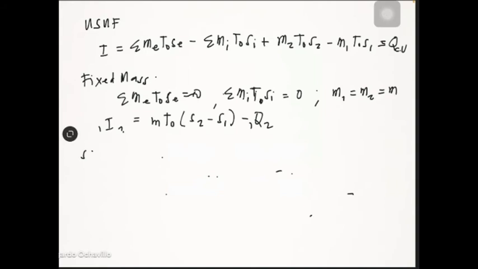Of course, this is the summation of M E S E minus the summation of your MI SI minus Q control volume over this T. Oh, this is your irreversibility in here.